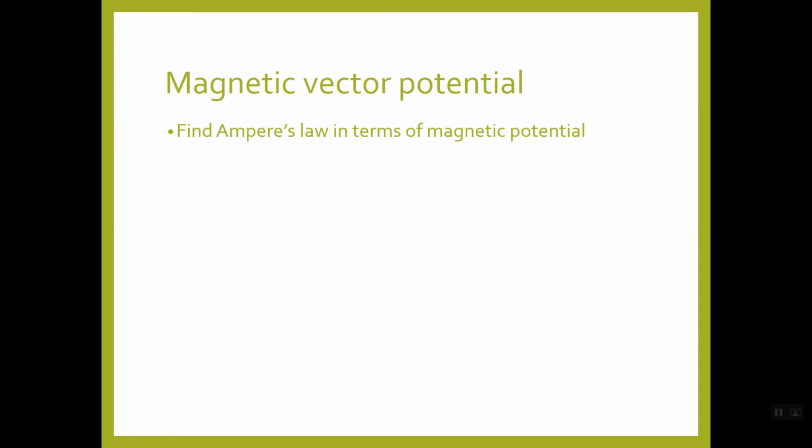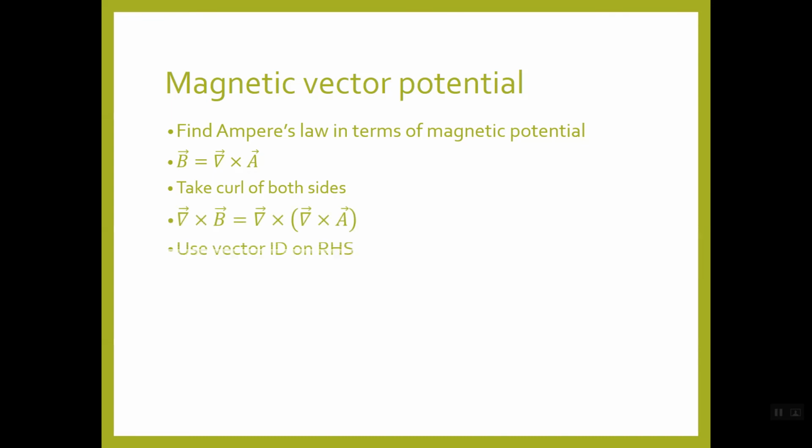So let's find Ampere's law in terms of our magnetic potential. The B field is equal to the curl of the magnetic potential. I'm going to take the curl of both sides of this equation, then use a vector identity for the right-hand side.